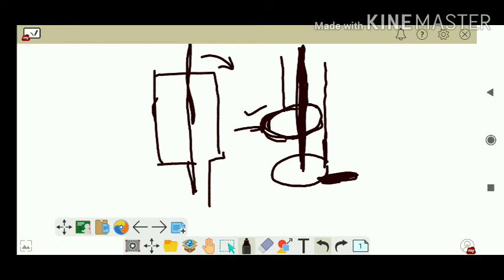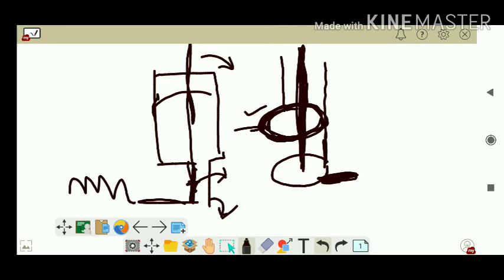This coil rotating means this end also has to go up, right? And this end has to go down. So if this had not been a slip ring, and it had been connected directly to the load, say like this, then when this entire system rotates, this wire will be twisted, and continuous rotation will cause the breakage of the system.